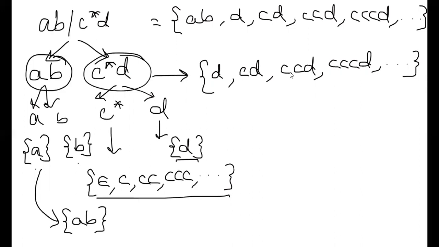Now, if you look at this expression or this regular set, there is a way in which we can describe this set in a verbose manner. So how can we describe it?